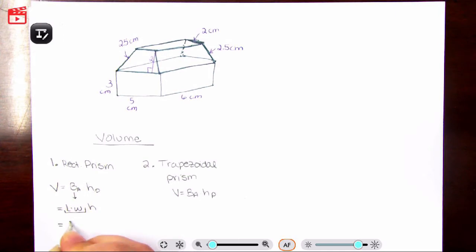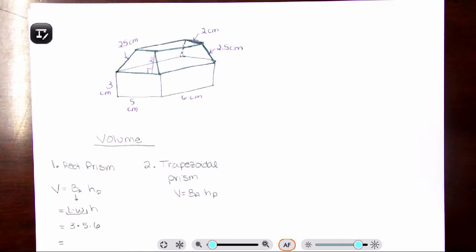So what is this? It's 3 by 5 by 6. Let's see, calculator time. All right, let's see here real quick. 3 by 5 by 6. It is 90.